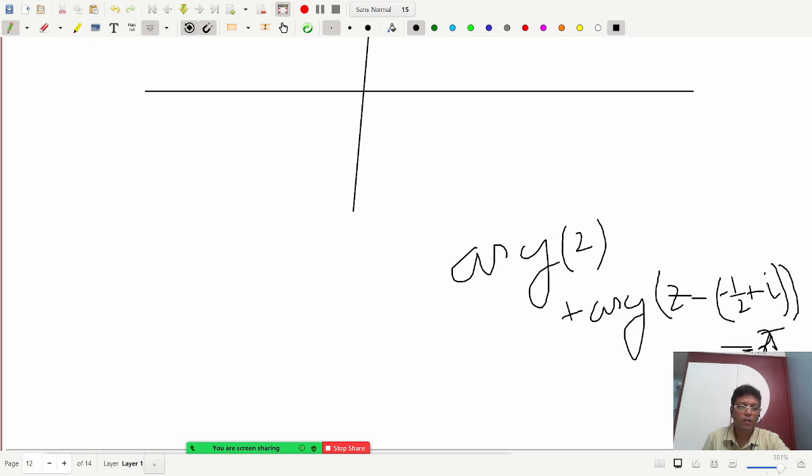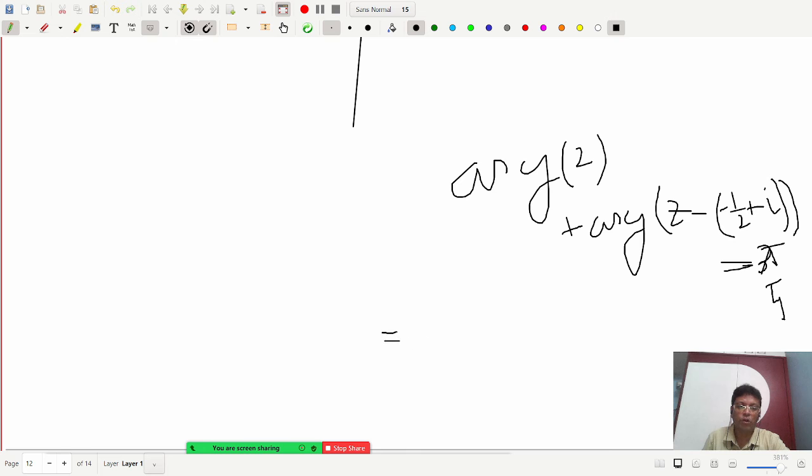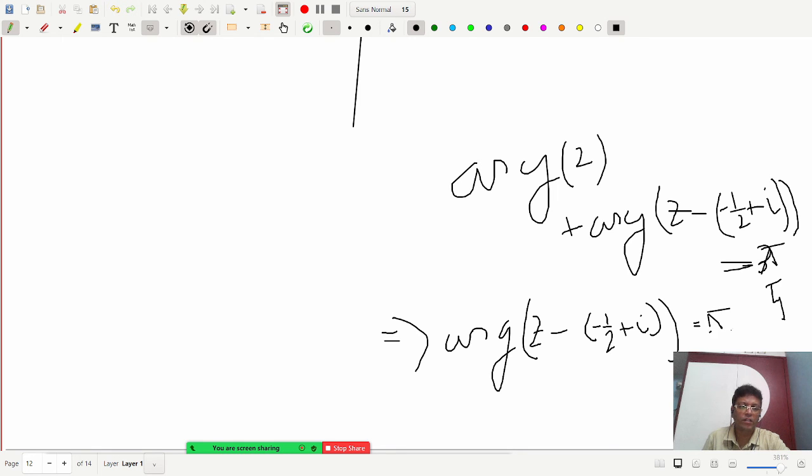Since argument of 2 is 0, the final form is argument of z minus (minus half plus i) equal to pi by 4. That's it. That is the argument. So we'll represent the locus of this complex number.